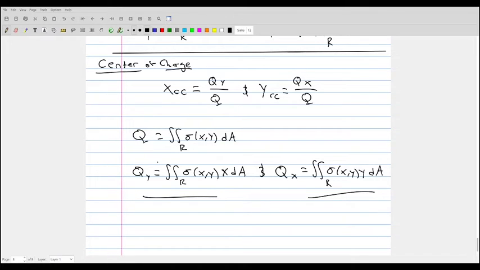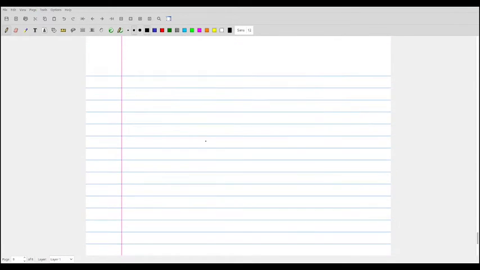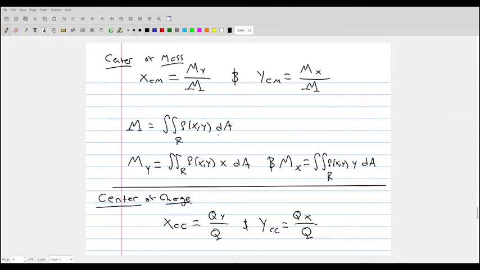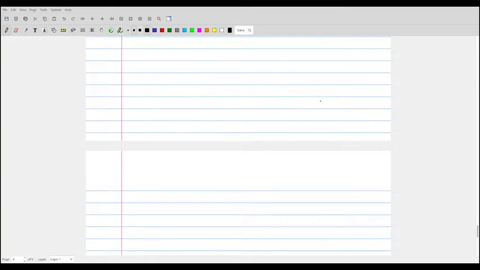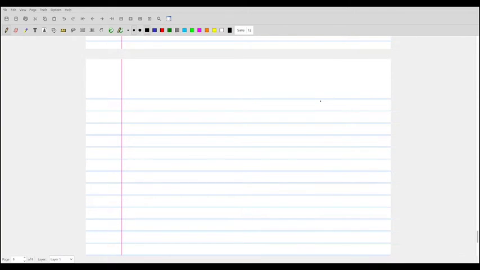In general, when you apply these equations, you need three separate double integral evaluations: the total amount of mass, which we already computed for our first example, and then the moments, My and Mx, which are new double integrals.